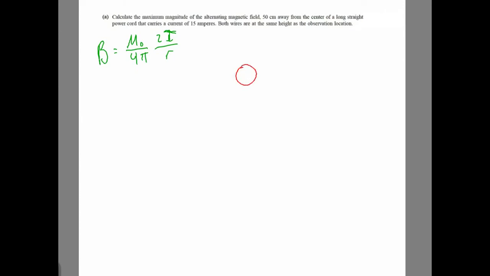So let's draw this out. This is going to be wire 1, and let's just say that the current is coming out of the page there. This is going to be wire 2, and let's say that it's going into the page.